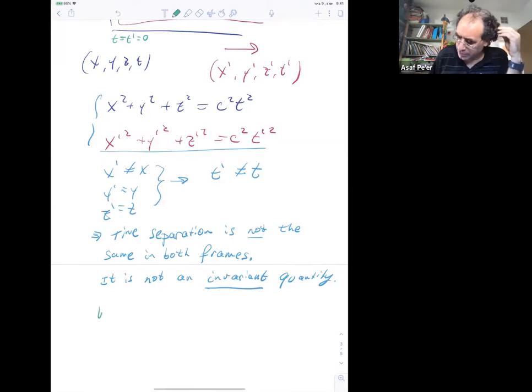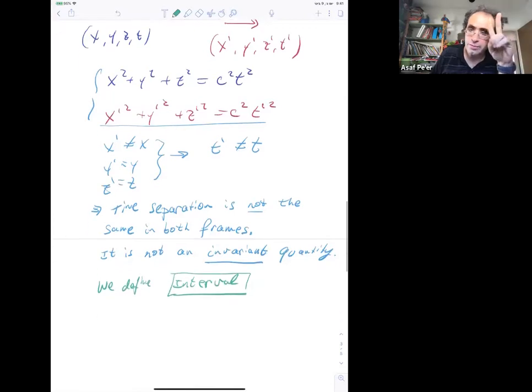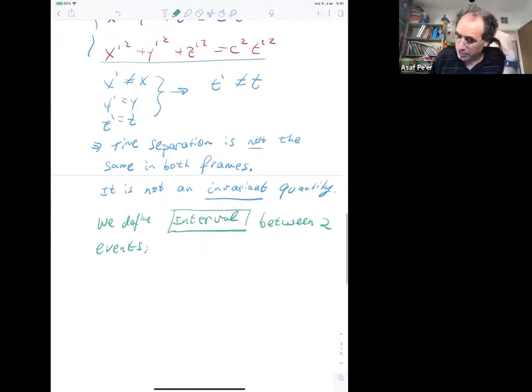So we define what's called the interval between two events. Remember, interval is between events. So I'm defining the interval squared, which is denoted by delta S squared.